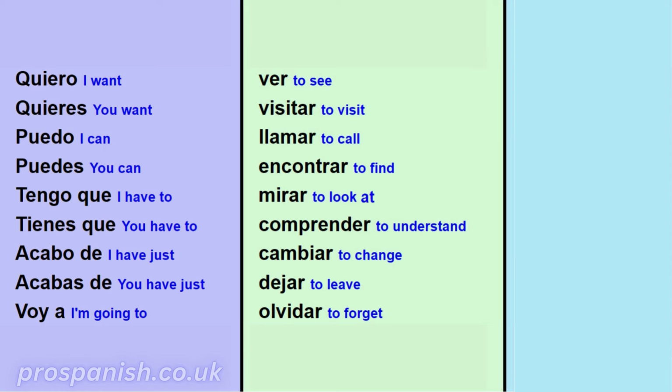How about with you have to? Tienes que visitar Madrid. Actually, let's have a different place instead of Madrid again. Tienes que visitar México. You have to visit Mexico. Okay, our next two.